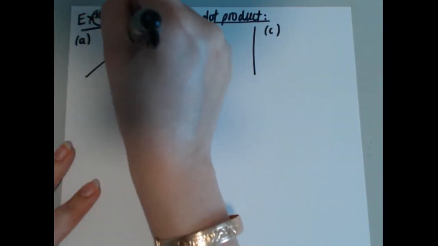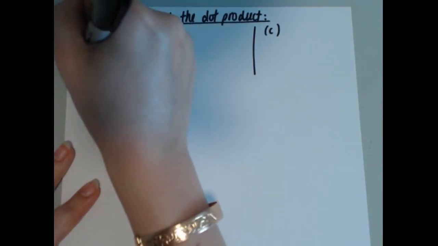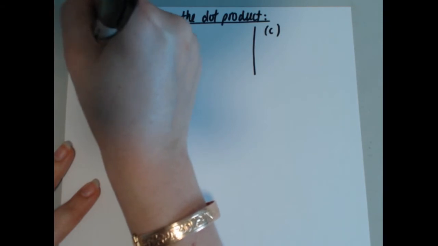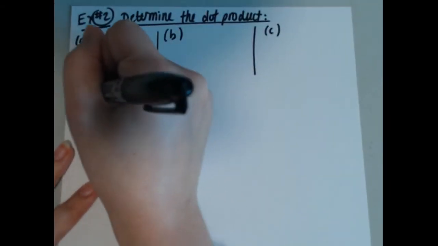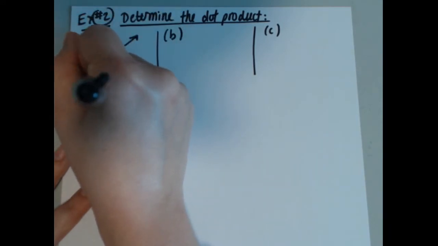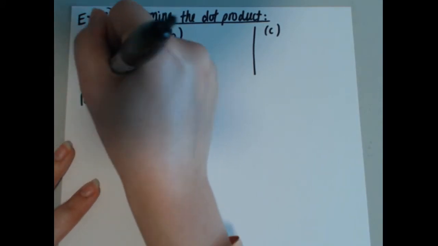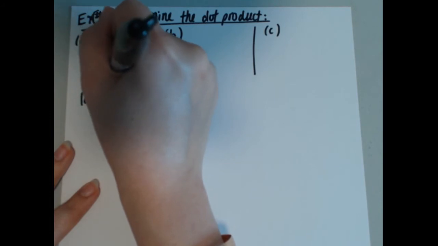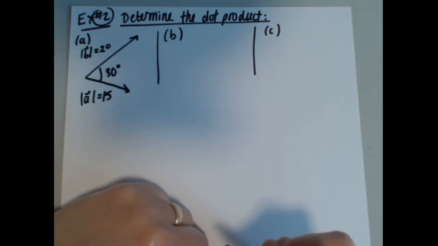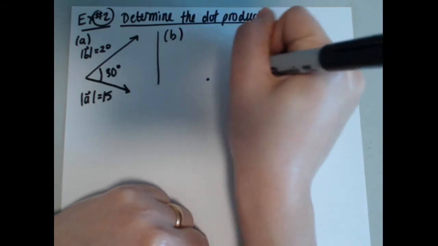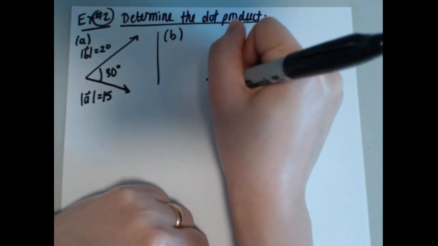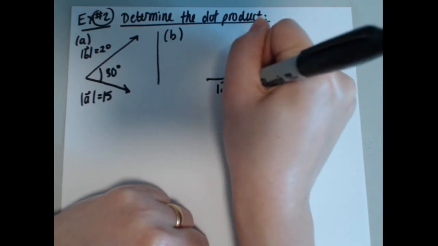So in scenario A, we've got one vector here. We know its magnitude is 20, and I've got another vector like so, and its magnitude is 15, and the angle between them is 30 degrees. In the second case, I've got one vector going to the right, so the magnitude of that vector, which we'll call D, is 13.